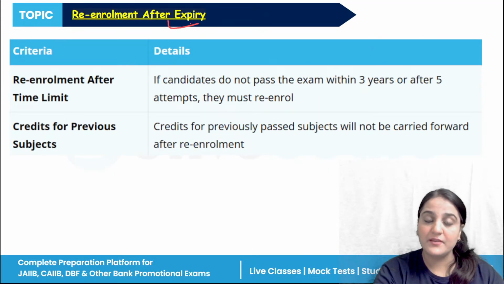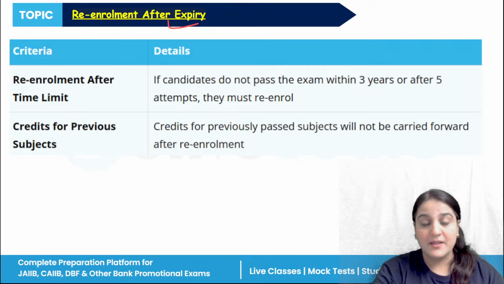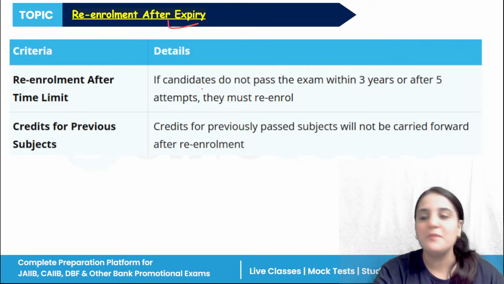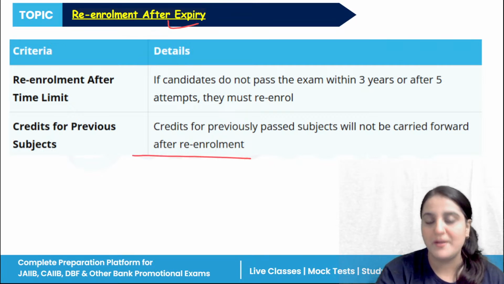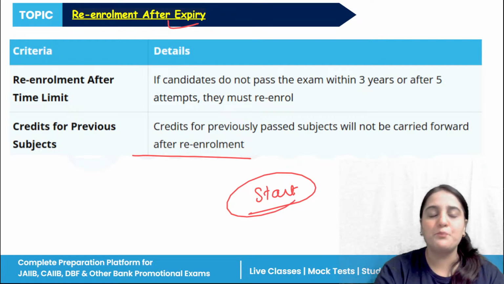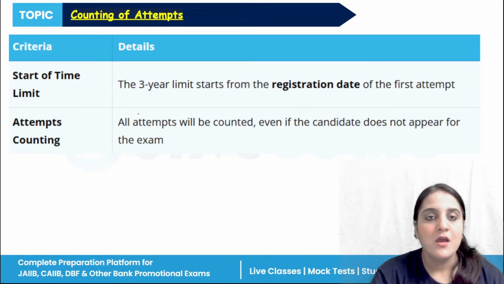Re-enrollment after expiry: if the candidate does not pass the exam within 3 years or after 5 attempts, they must re-enroll. And credit for the previously passed subjects will not be carried forward after the enrollment. You have to start with a proper fresh application, or from 0.